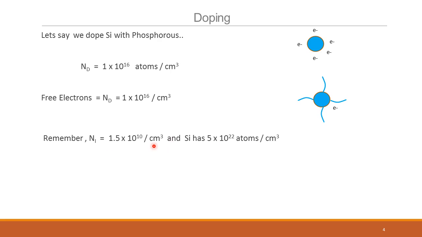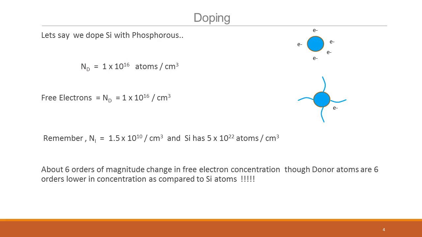It's just like in the tax example: this is the total number of lower-income people, and this is the tax collected from them. It was much smaller. But when the high-paying individuals came, they paid a much larger tax. You can see that here also. The number of free electrons suddenly becomes a million times larger, though the number of donor atoms is a million times smaller, approximately.